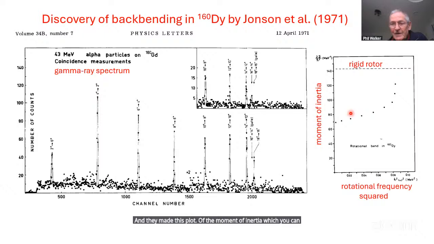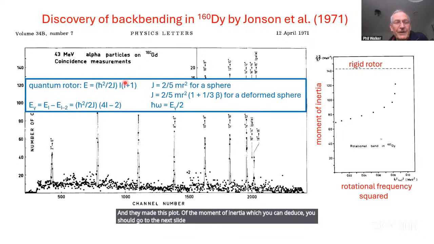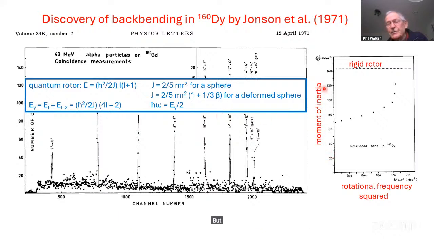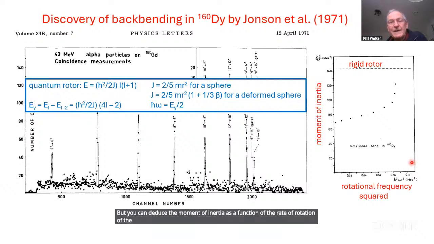I should go to the next slide. There are various equations for a quantum rotor, which I don't think I need to go into at the moment, but you can deduce the moment of inertia as a function of the rate of rotation of the nucleus based on these simple formulae.